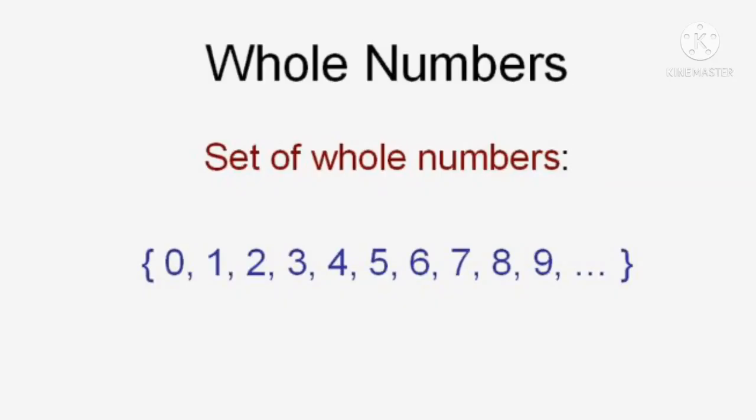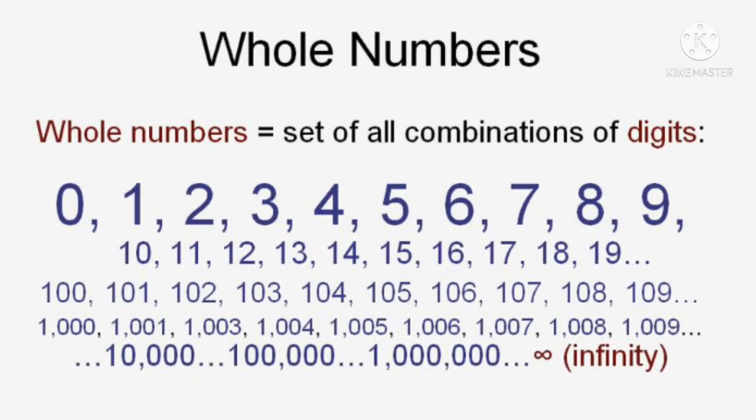Third, since every set has a cardinal number associated with it, Fred wondered what cardinal number could be associated with the set 0, 1, 2, 3, 4, 5, 6. The cardinal number associated with the whole numbers couldn't be 1,000 since there are more than 1,000 members of that set.